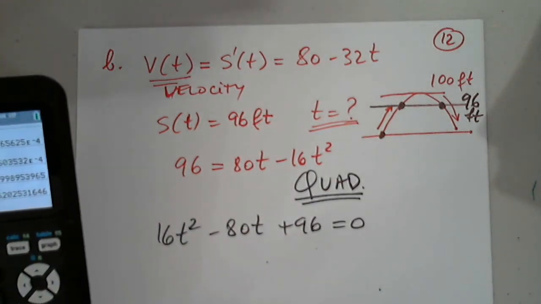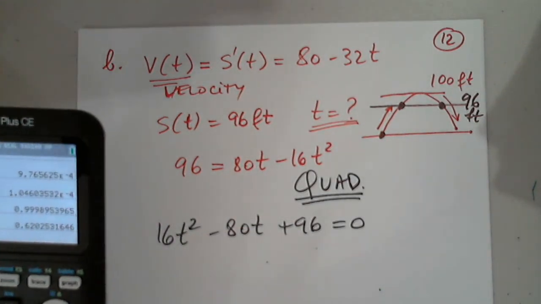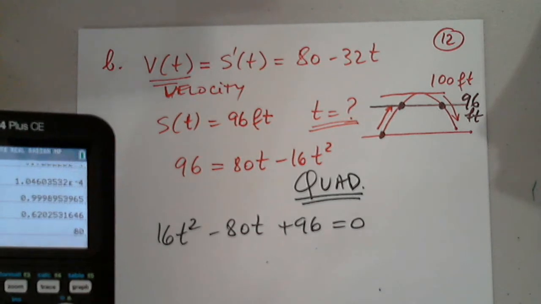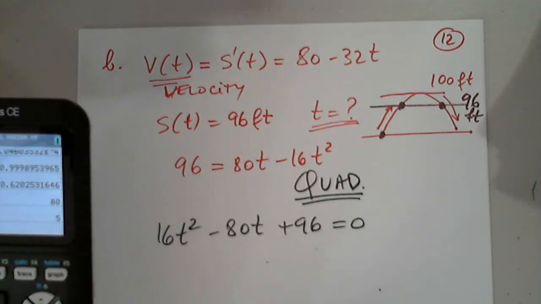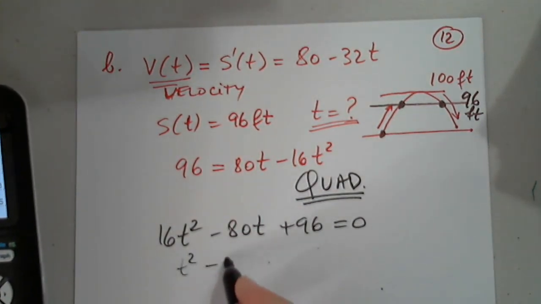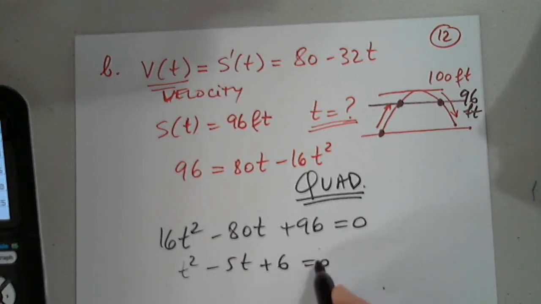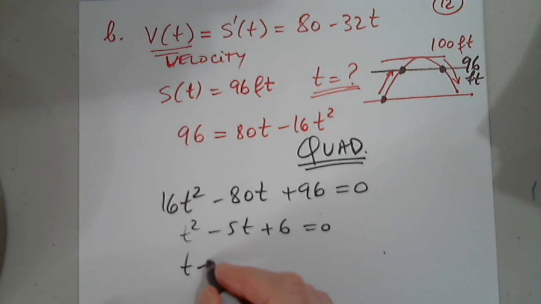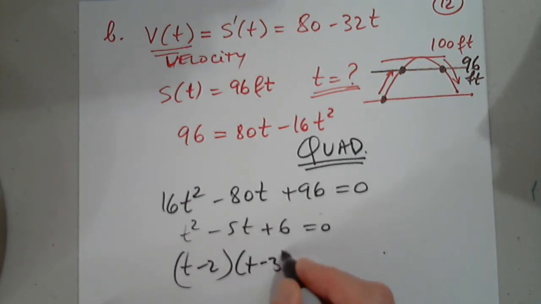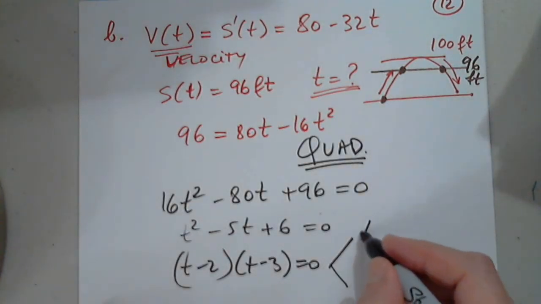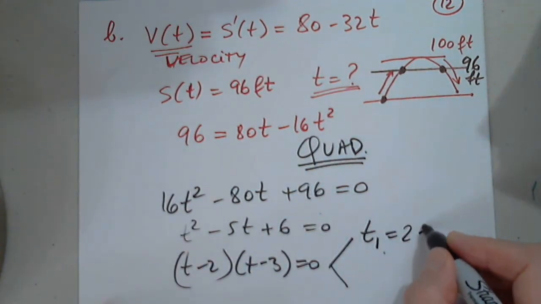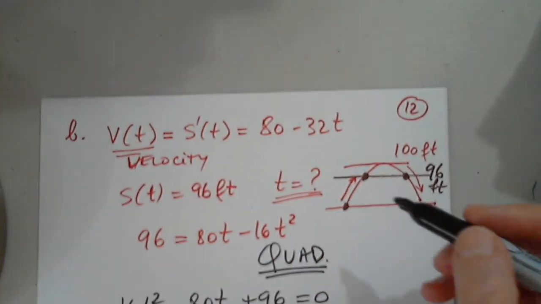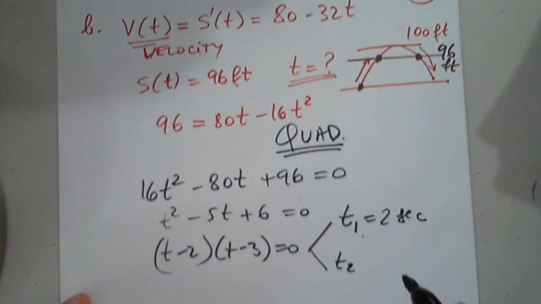I don't need a calculator, right? So I need 80 divided by 16. Okay, so indeed, t squared minus 5t plus 6 equals 0. It couldn't be nicer than that. I was hoping for that. So t minus 2 and t minus 3. So I have two options, t1 going up 2 seconds and t2 from here till here 3 seconds.